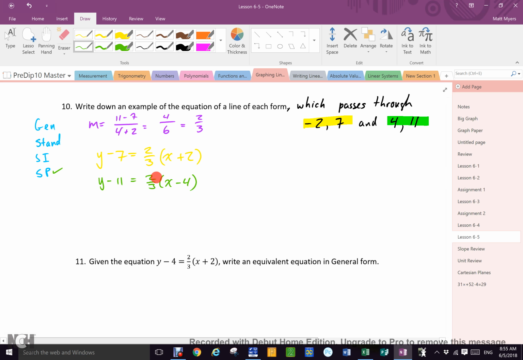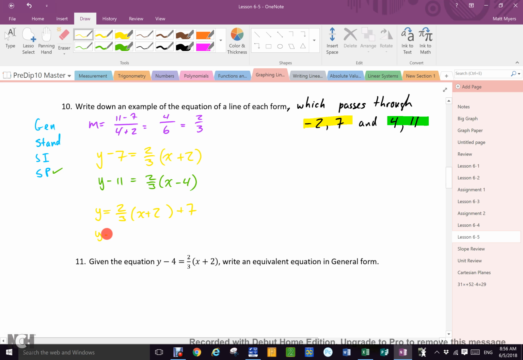Now, what's easiest to go to from there, or are they all equally easy? I find them to be equally easy. You may not. Right? So I see y already isolated by itself. So for me, the next move is probably going to be slope-intercept form, yeah? Which means I get rid of the brackets and I isolate y. So let's do so. In the yellow one, it would be y equals 2/3 x plus 2 plus 7, correct?